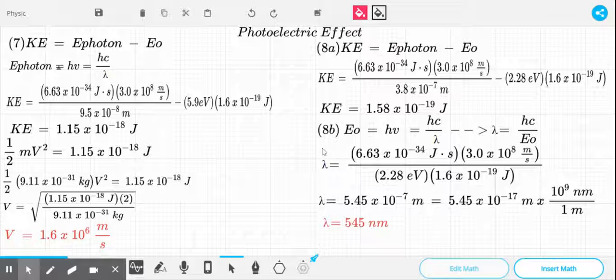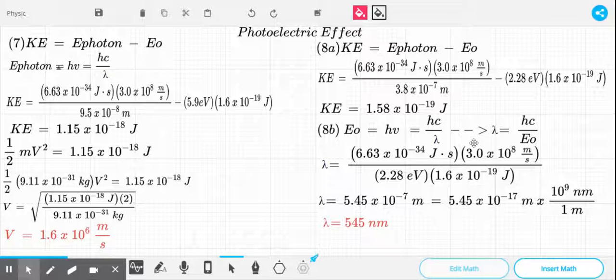For 8b, it asks the range of wavelengths that will cause photoelectrons to be emitted. So we use the formula of the energy of the work function equals h times the speed of light over the wavelength.